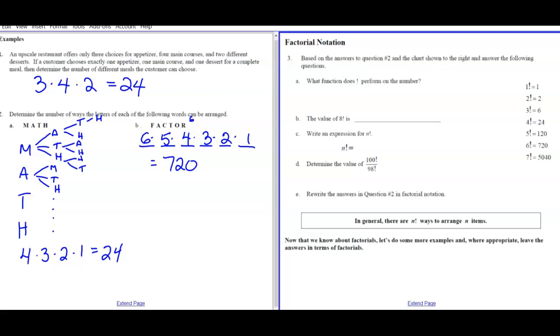So what function does that exclamation mark perform? We multiply a number with consecutive decreasing natural numbers.